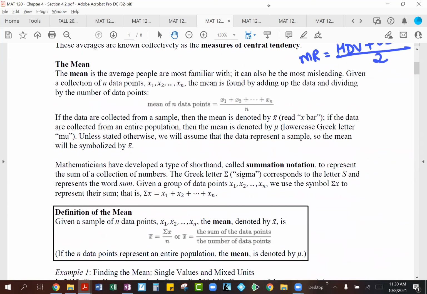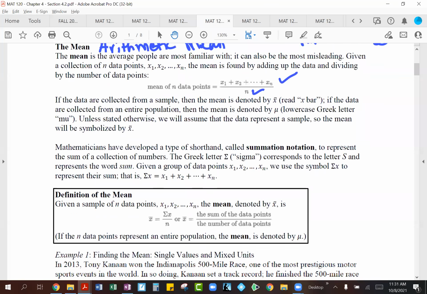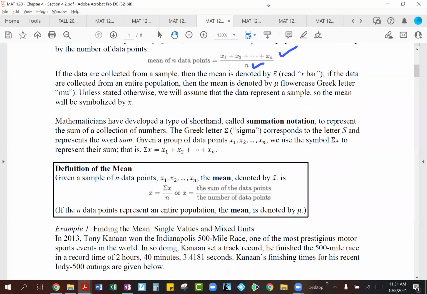So like I said, with your mean, sometimes it's also called the arithmetic mean. This is where you add all your data values together and then divide by how many total values you have. So as a formula, we can write it out like this.